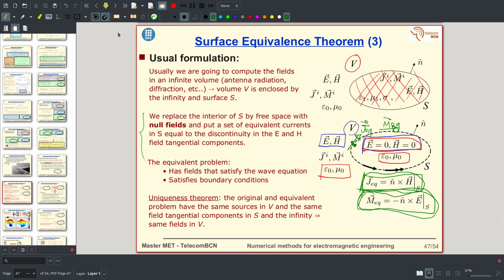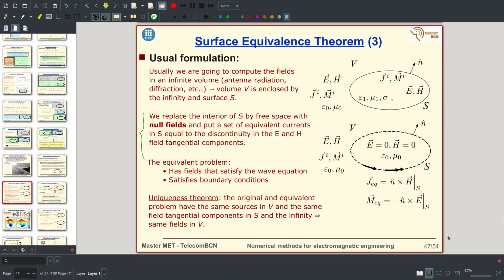And according to the uniqueness theorem, in volume B, that is the outside of S, we have the same sources as in the original problem, and we have the same tangential components of electric and magnetic field in surface S as in the original problem.